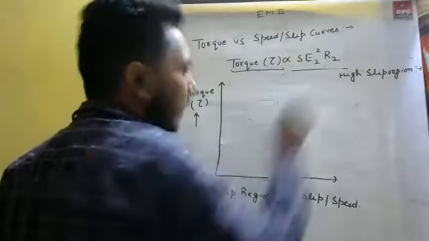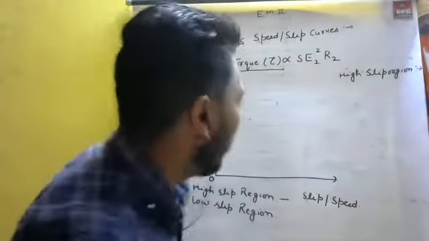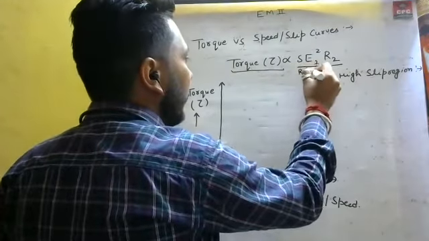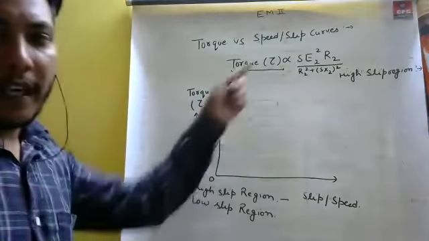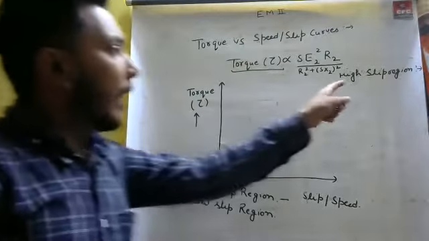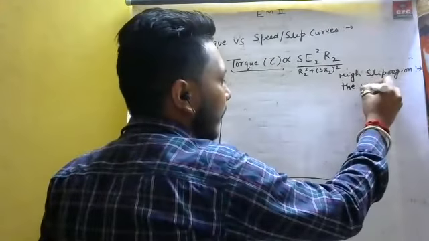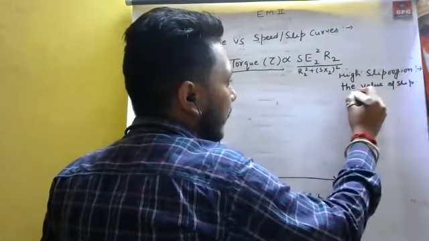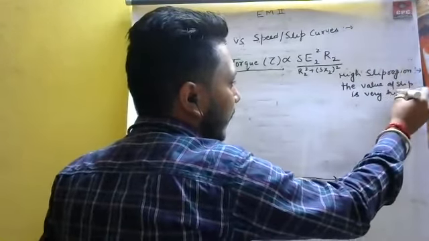Here, the torque is directly proportional to S into E2 squared into R2 upon R2 squared plus S into X2 whole squared. This is the formula we derived in the previous lecture. So in the high slip region, the value of slip is very high.